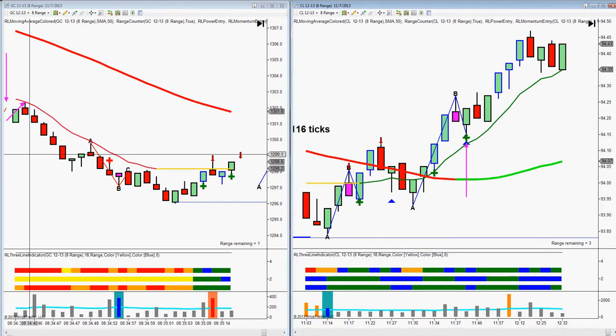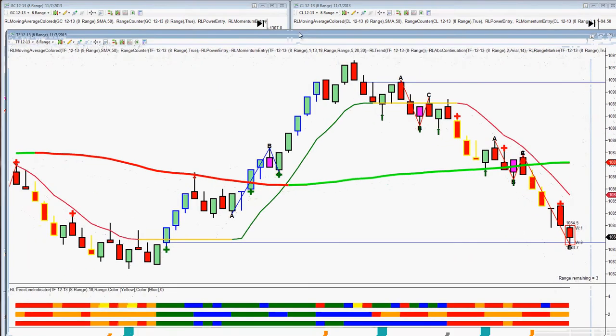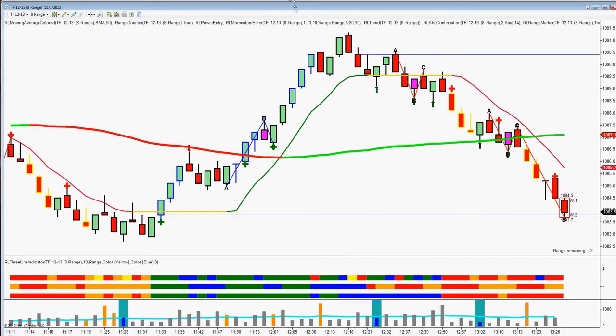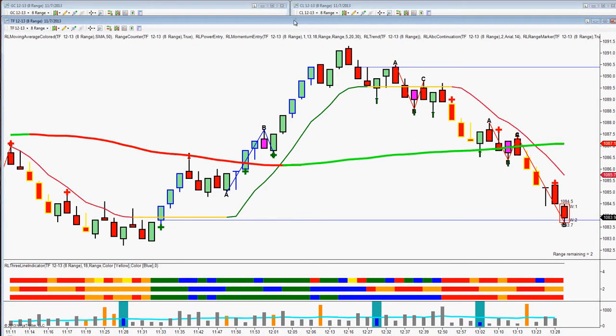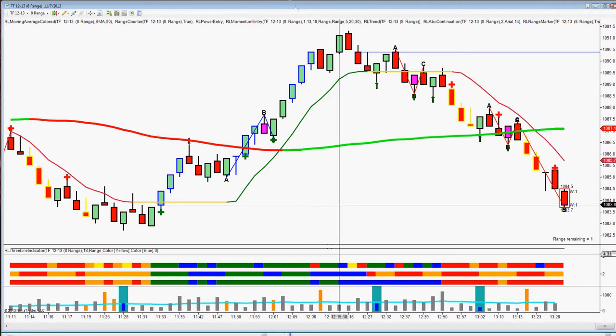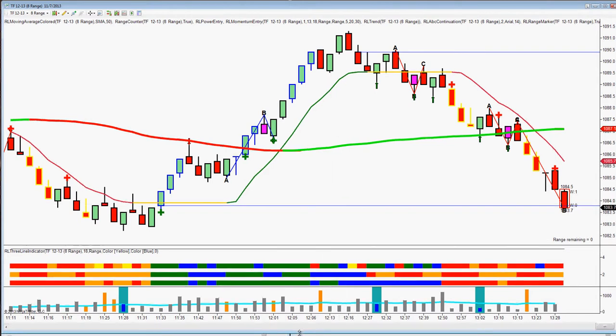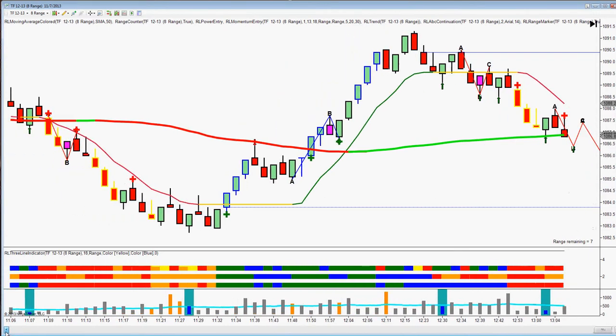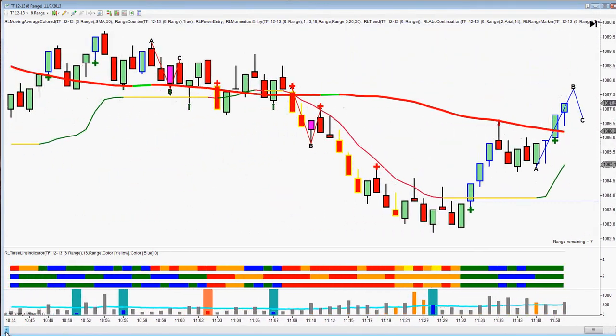Now I'm going to drag over the Russell, and I'm going to review that fairly quickly, because we really didn't take many trades off the Russell. Trying to watch gold and crude at the same time is really a challenge.